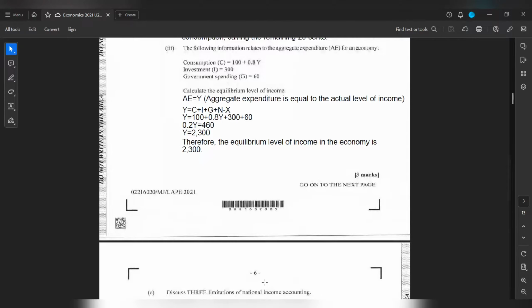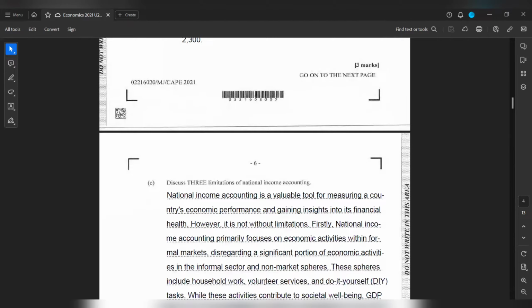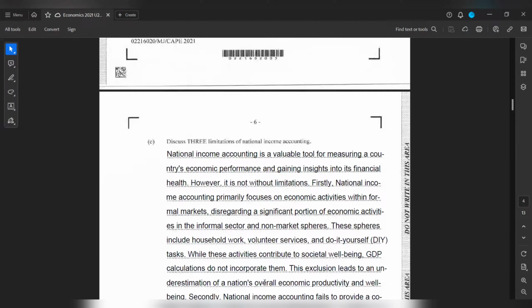Part C, discuss three limitations of national income accounting. National income accounting is a valuable tool for measuring a country's economic performance and getting insights into its financial health. However, it's not without its limitations. Firstly, national income accounting primarily focuses on economic activities within formal markets, disregarding a significant portion of economic activities in the informal sector and non-market spheres.